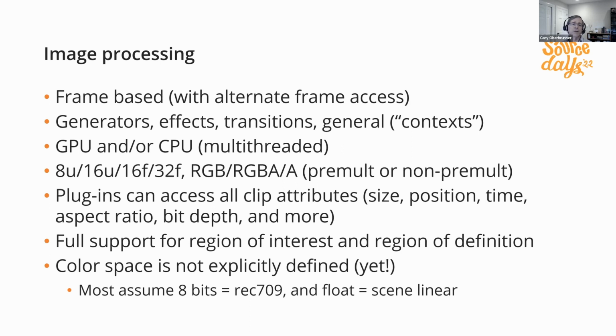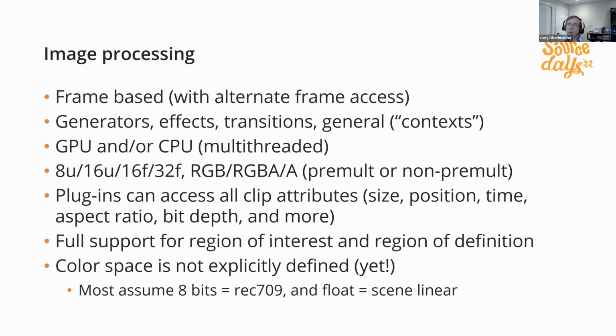There's a rich selection of clip attributes that a plugin can use to render itself correctly. There's full support for region of interest and region of definition as well. One thing that we haven't done yet in the OpenFX standard is added support for explicitly defined color spaces.